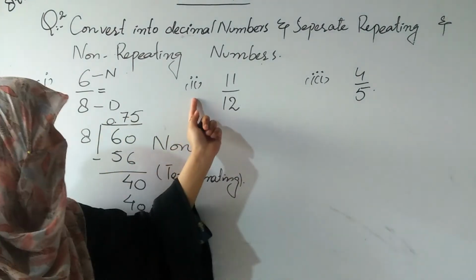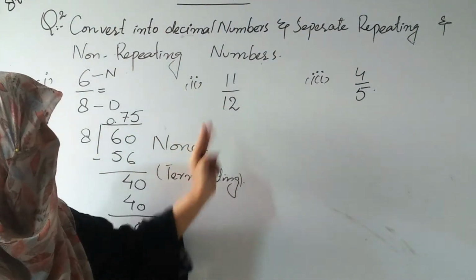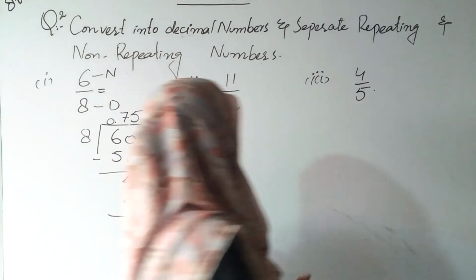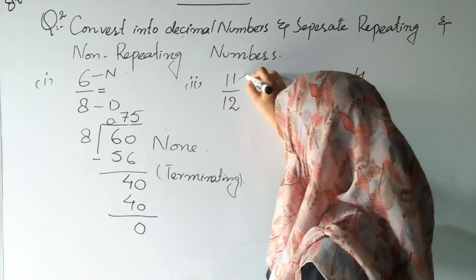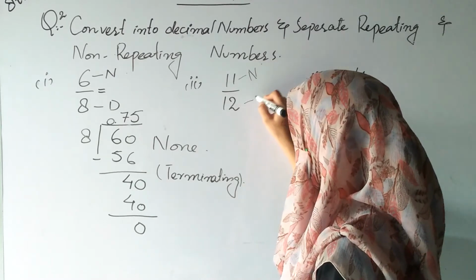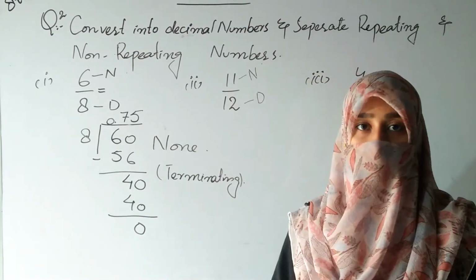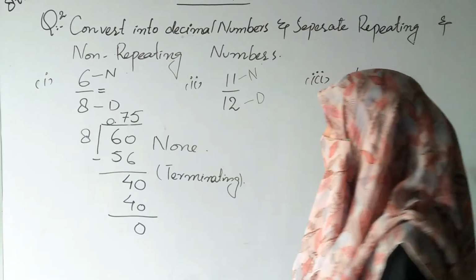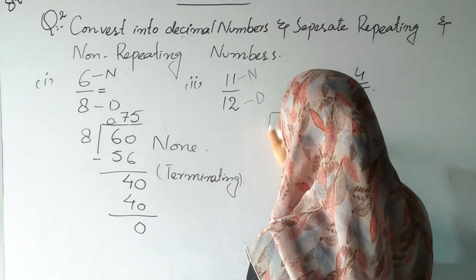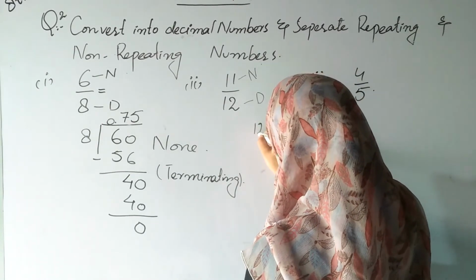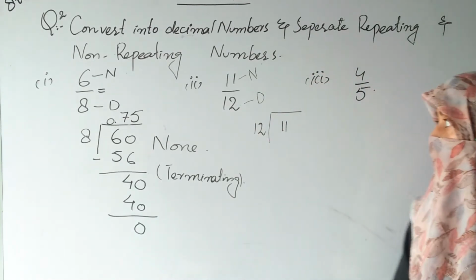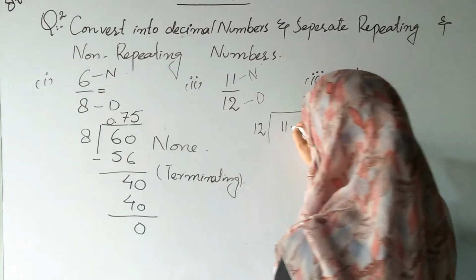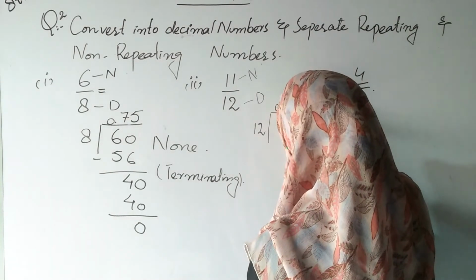Now move to question number 2, which is 11 over 12. 11 is the numerator and 12 is the denominator. Divide 11 over 12. 11 is less than 12, so add a 0 here and also 0 point here.